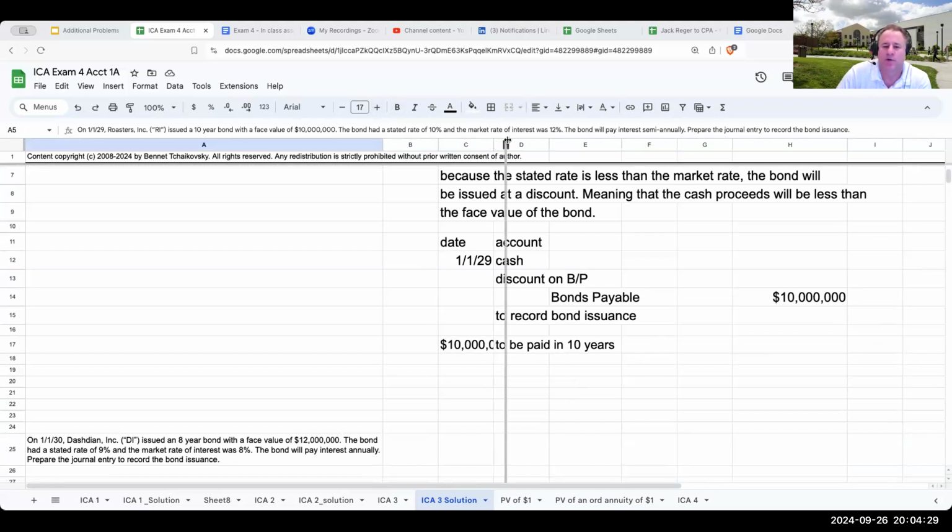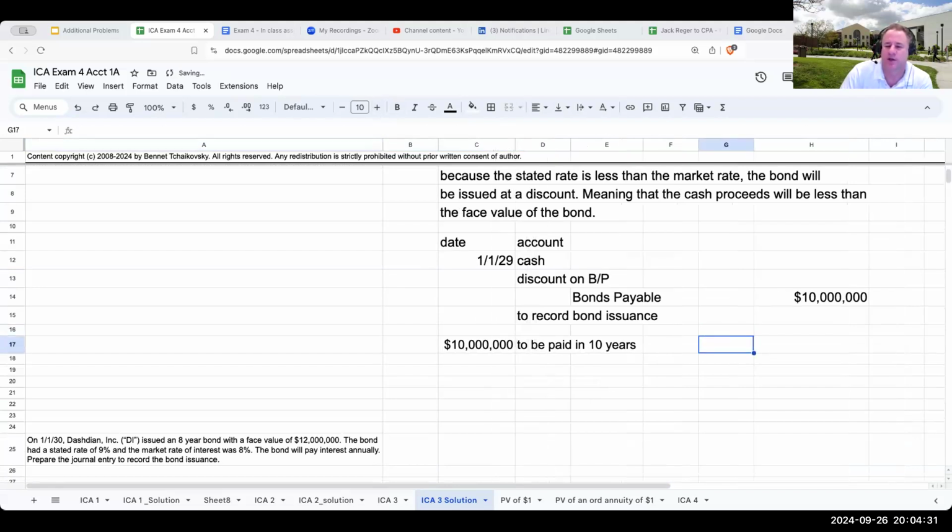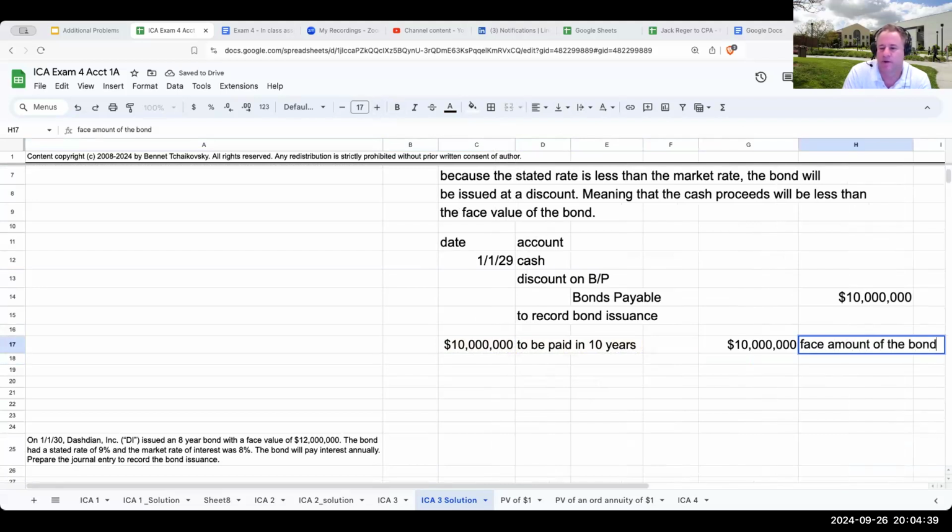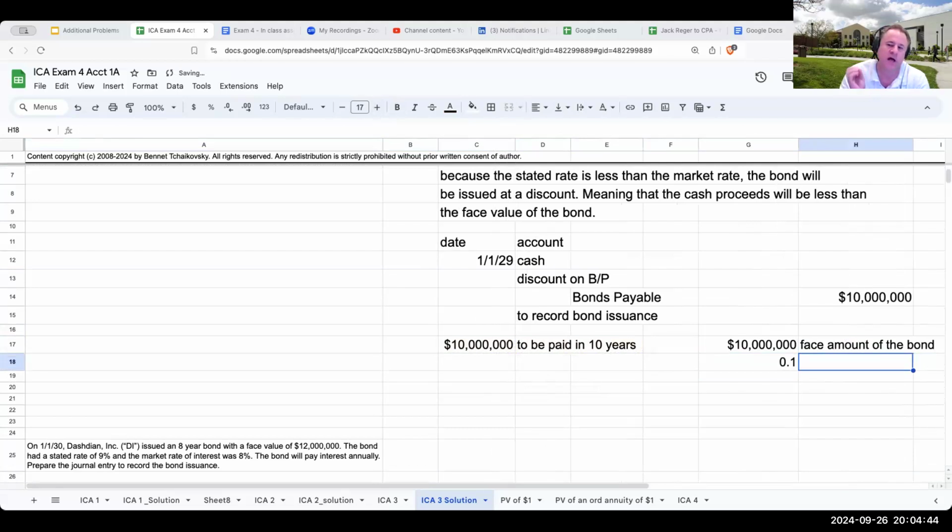The way we're going to figure out the interest is as follows. We have $10 million that is being paid. That is the face amount of the bond. The stated rate of interest is 10%. Note it is not 12%, it is 10%. This is the stated rate of interest. Whenever we see an interest rate, it is always an annual rate.